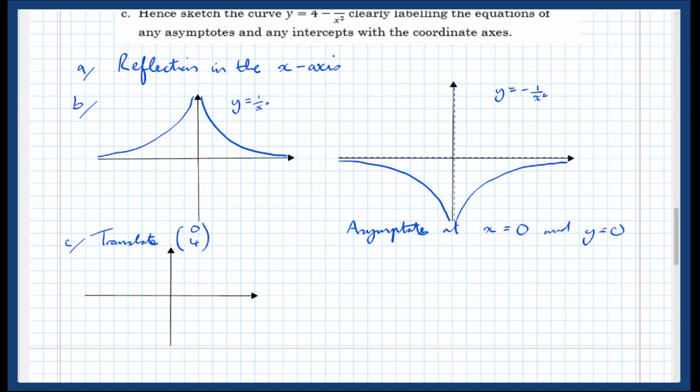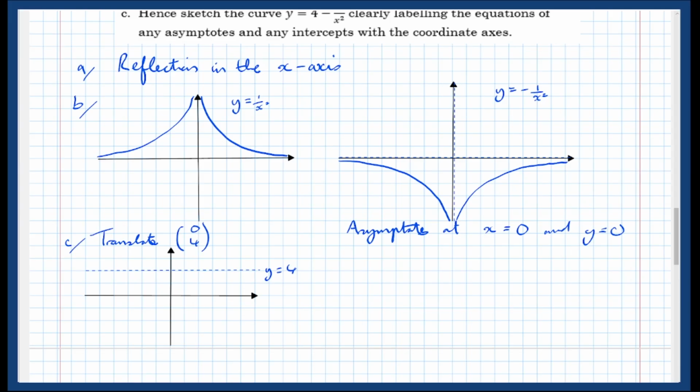So there's the axes on which I'm going to draw it. The first thing I'm going to do is draw the asymptotes. I'm looking at this graph here, and I'm going to raise it 4 units, translate it 4 units upwards. So instead of the asymptote being there, it's going to be 4 units up. This is just a sketch, so I'm going to put my 4 units up here and label the equation of that asymptote as required. So that's y equals 4 is that asymptote.